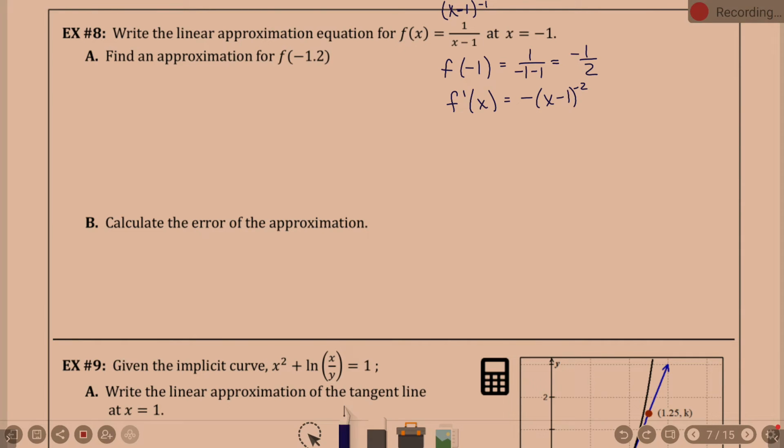Officially I should say times the derivative of the inside, but the derivative of x minus 1 is just 1. Rewriting more neatly, it's -1 over (x minus 1) squared. So the derivative at -1 is -1 over (-1 minus 1) squared, which is -1/4. My math matching up? It is.